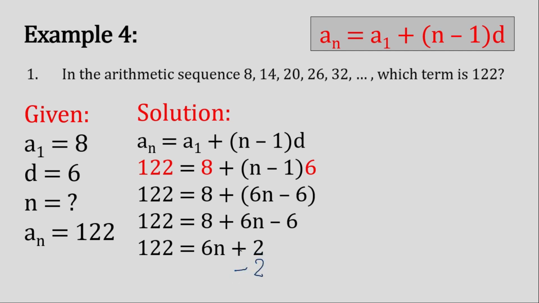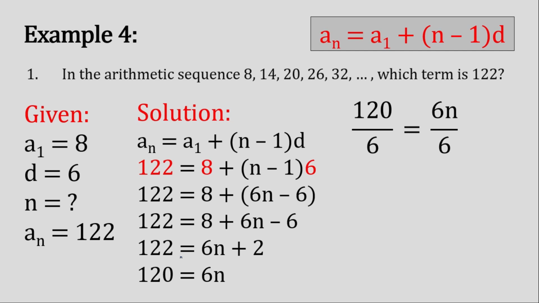So, subtraction property of equality. If we subtract 2 here, we should subtract 2 on the other side of the equation as well. So we have 6n plus 2 minus 2 cancel. We have 6n left on the left side. Then 122 minus 2 is 120. So we get the equation 120 is equal to 6n.